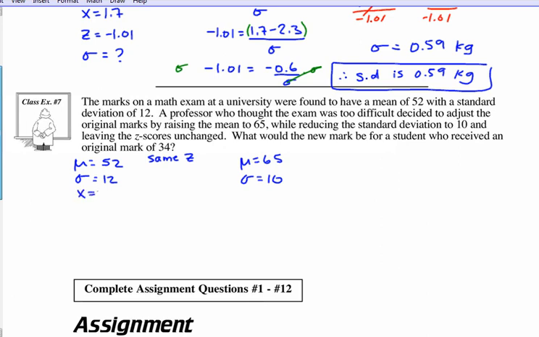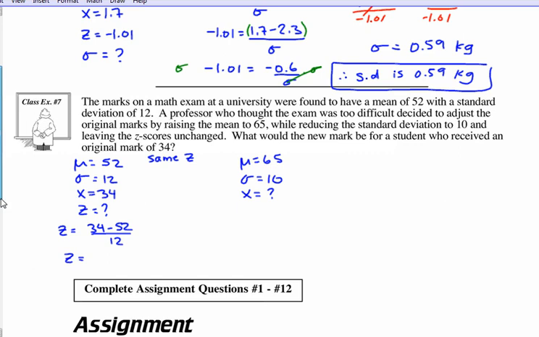So his original score was 34. So in order to find the new mark, we know the Z scores are the same. So I'm going to find the Z score of the original mark. That would be the same Z score as the new mark. So our Z score would be our mark minus the mean all over the standard deviation.